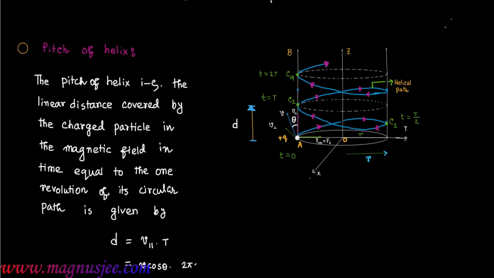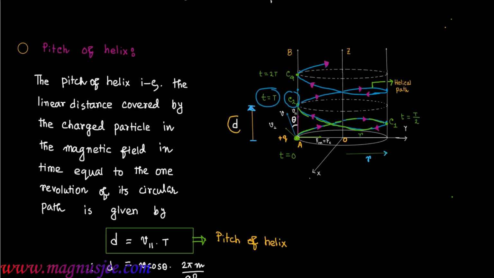Therefore, d equals V cos theta times 2 pi m divided by qB, where d is actually V parallel times T, which is the pitch of helix, the linear distance covered by the charged particle in the direction of magnetic field B in one complete revolution, reaching point C2 in time T.